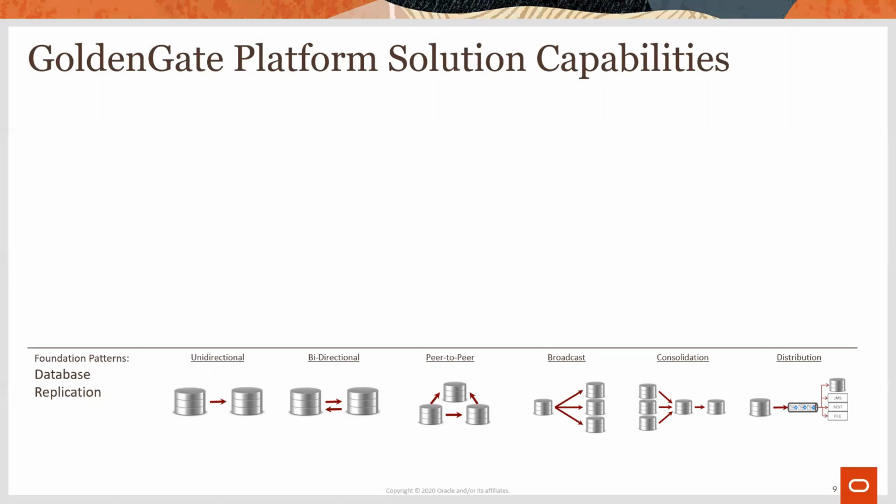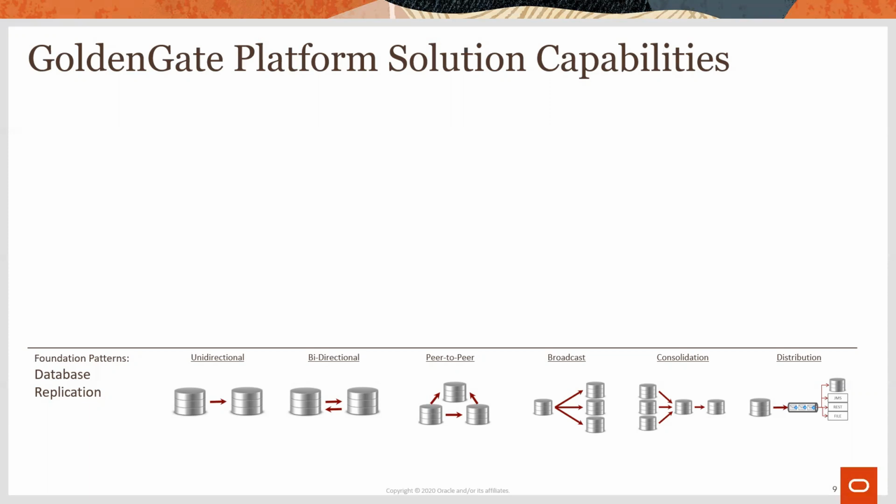There's the broadcast. Sometimes we call this a fan-out model, where we go from a single database to multiple databases, for example, sharing reference data. There's the consolidation model, which is a typical Kimball or Inmon style of data architecture, where you go OLTP to operational data store to enterprise data warehouse.